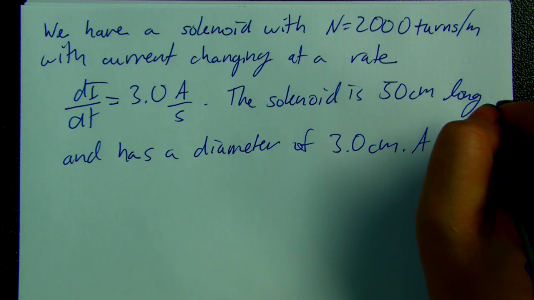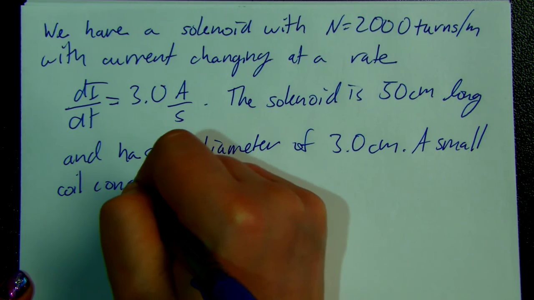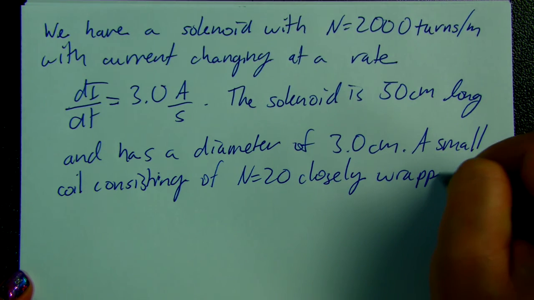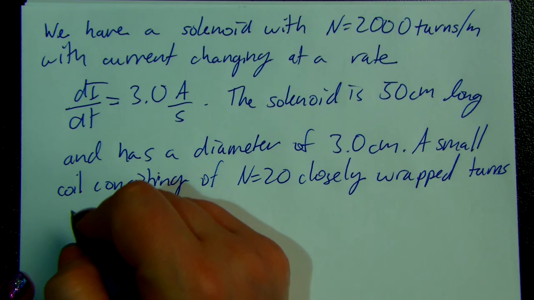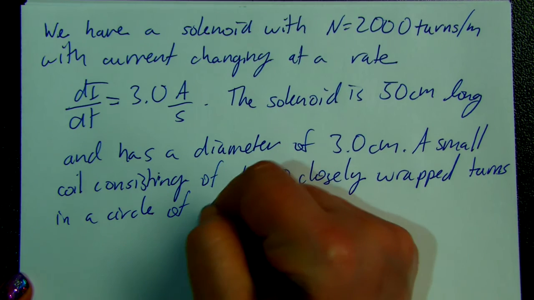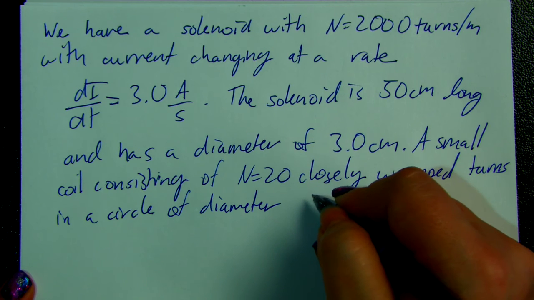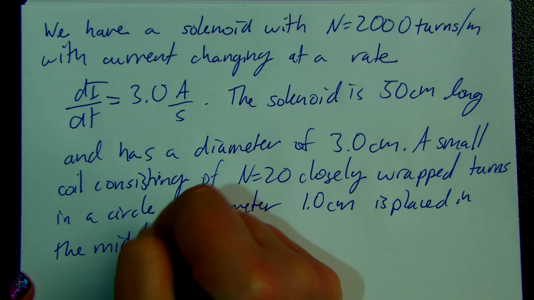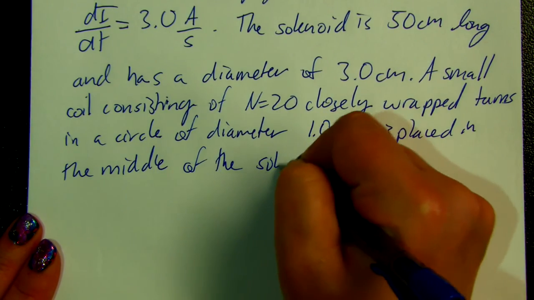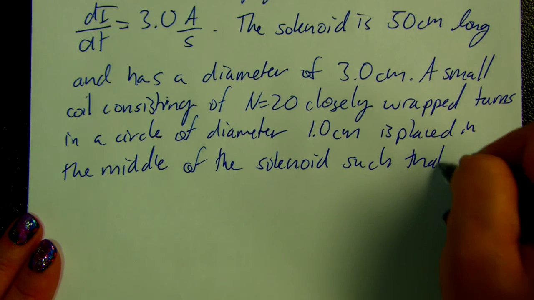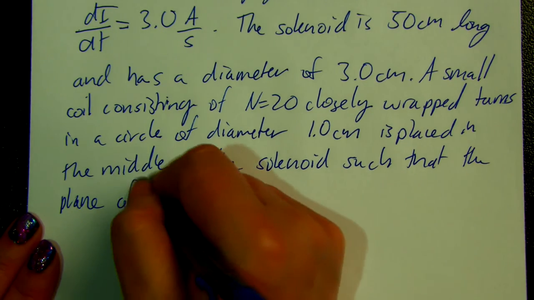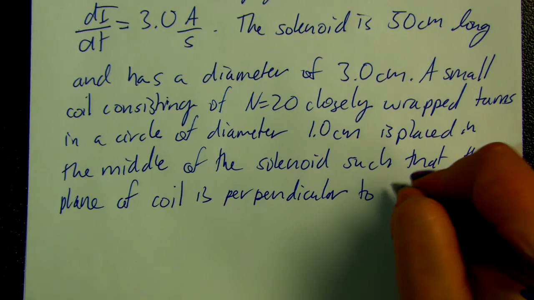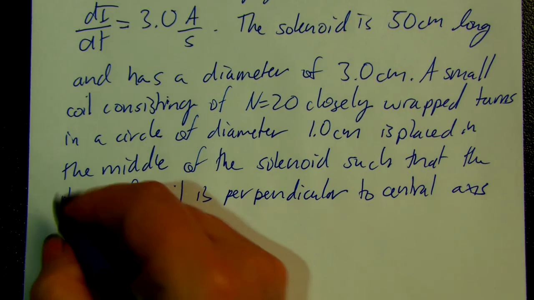A small coil consisting of n equals 20 closely wrapped turns in a circle of diameter 1.0 centimeters is placed in the middle of the solenoid such that the plane of the coil is perpendicular to the central axis of the solenoid.